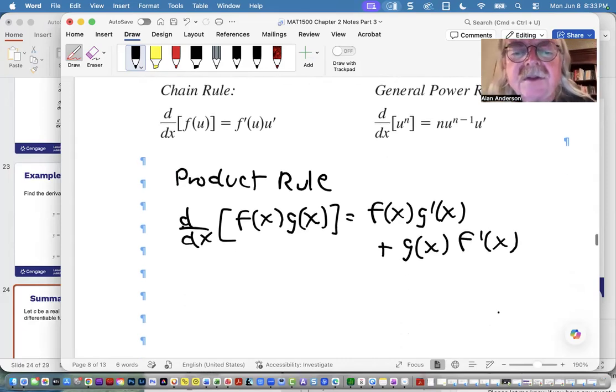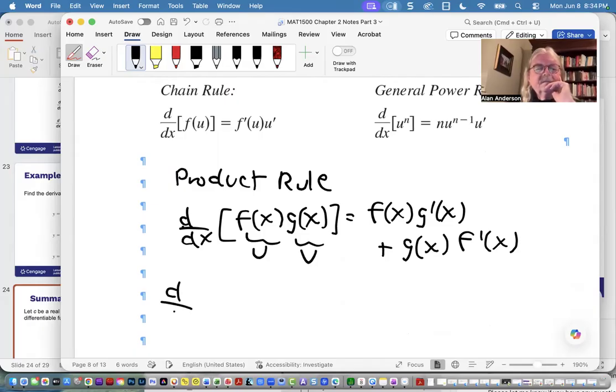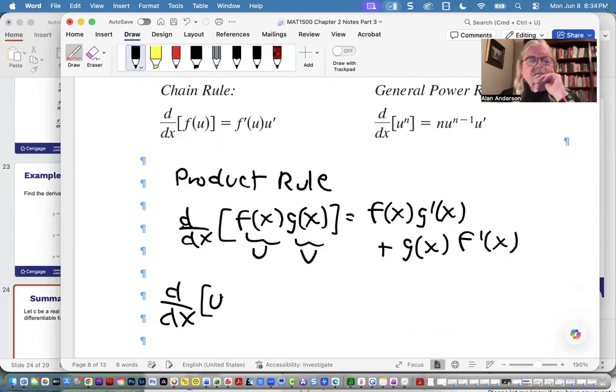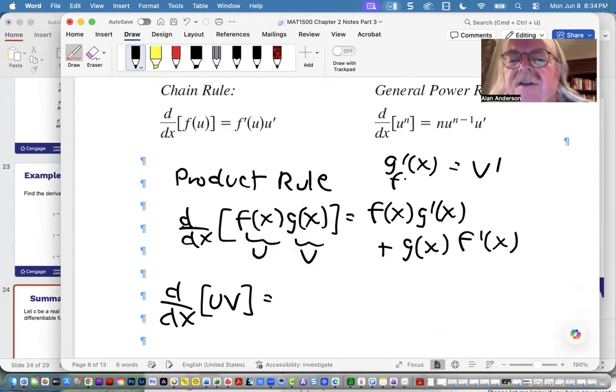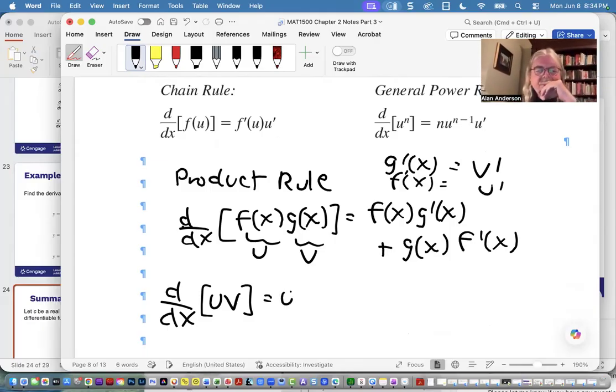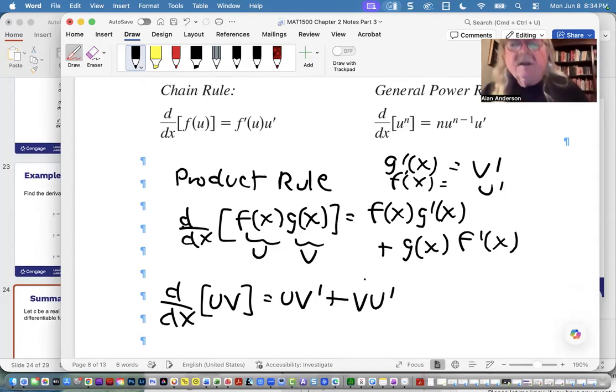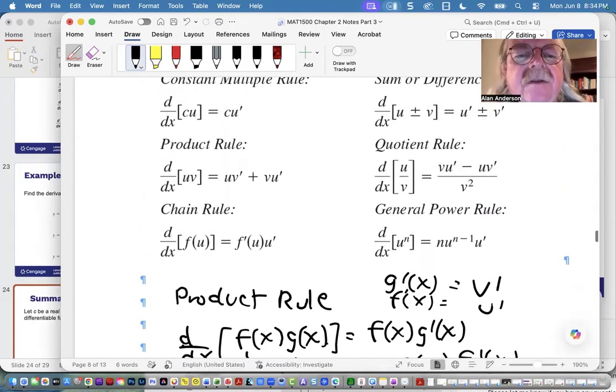But what they sometimes do is they replace this with a U and this with a V. And then, if that's the case, then g prime of x would be written as v prime, and f prime of x would be written as u prime. So it means the same thing. I don't know why they have to mix and match the notations.